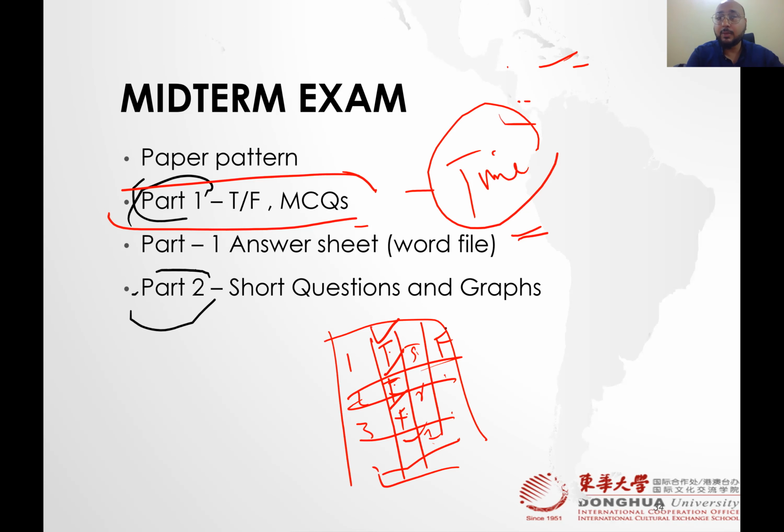I would be giving you the answer sheet as well. And remember, part 1 would be time restricted so that you have less time to use other platforms for cheating and all that stuff, right? So I would try my best to minimize this window of opportunity for cheating.